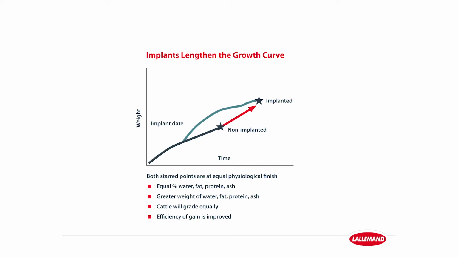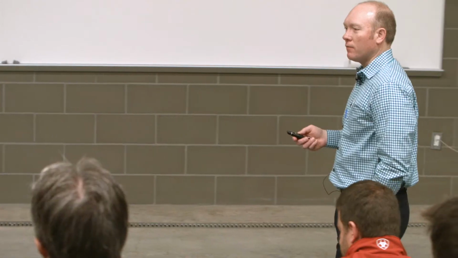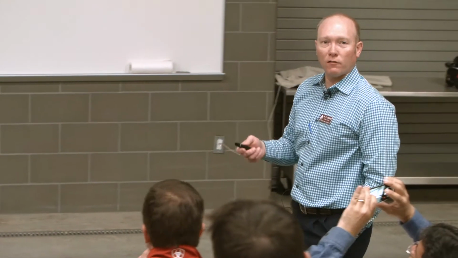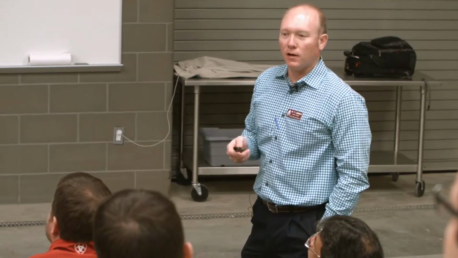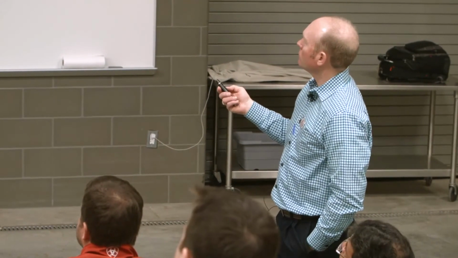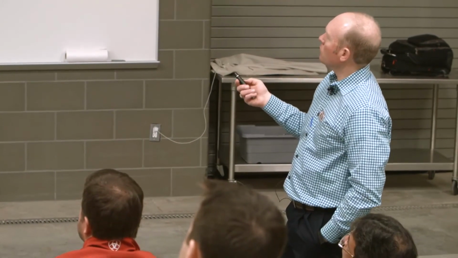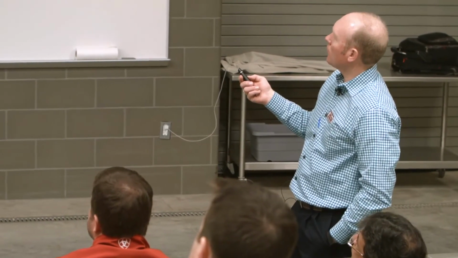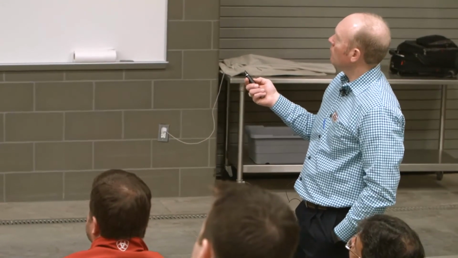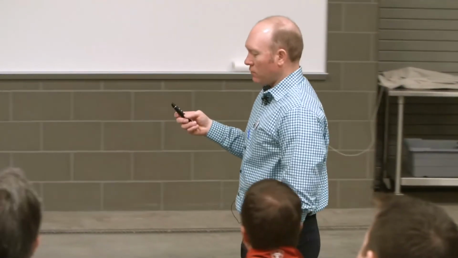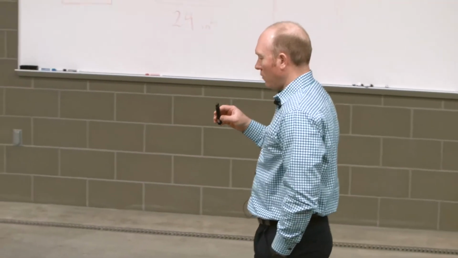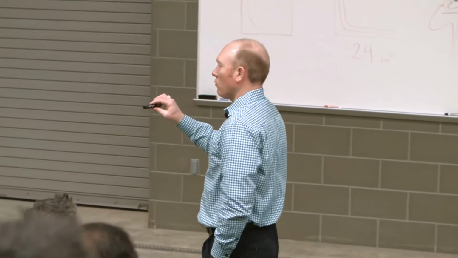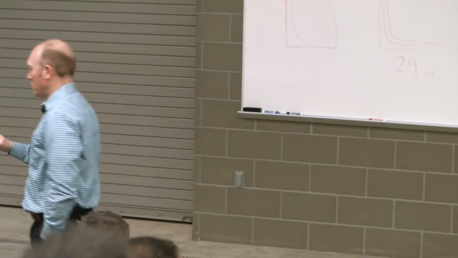So this chart illustrates, back to empty body fat, something that many of you might be quite familiar with. If we feed an animal to 28.6% empty body fat, we would say that it should have the ability to reach low choice. And I showed you some pictures like this last night with cattle. So what I want to say is an implant pushes that empty body fat down the road to a heavier weight at a longer time.